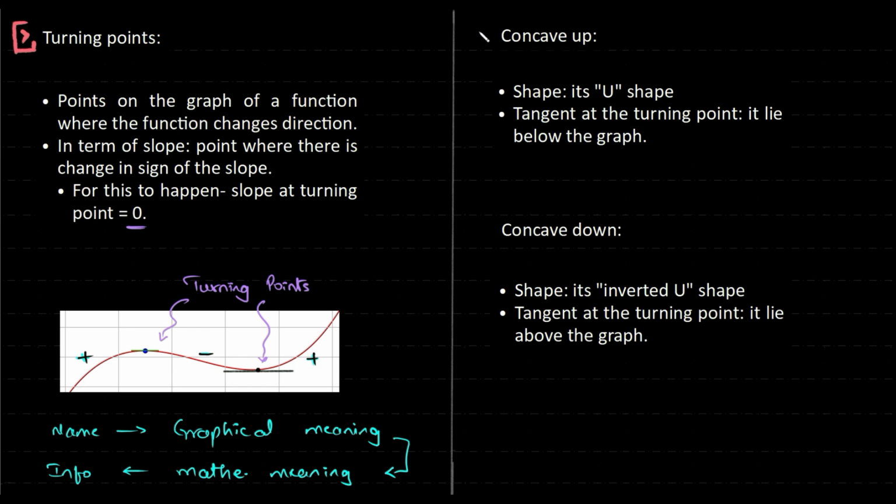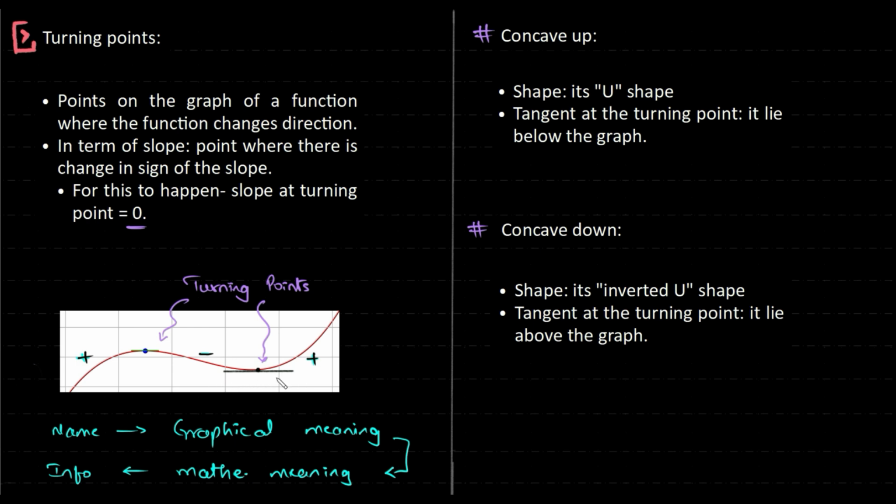Now, on this we can build 2 more terminologies known as concave up and concave down. Concave up is the name given to the shape. So if we have something like this, it is concave down, right? It's basically an inverted U. So an inverted U is known as concave down and this is known as concave up. Graphically, what we will see is that for concave up, the tangent at the turning point lies below the graph. This is a U in this manner. The tangent is below the graph, as you can see.